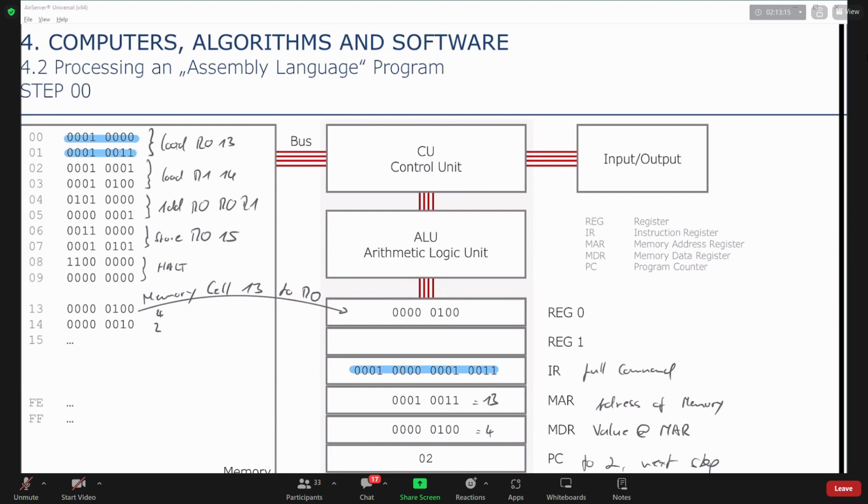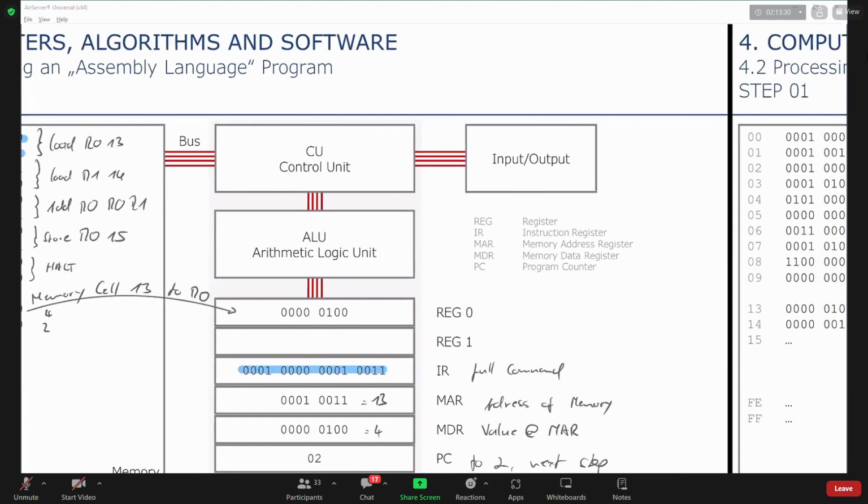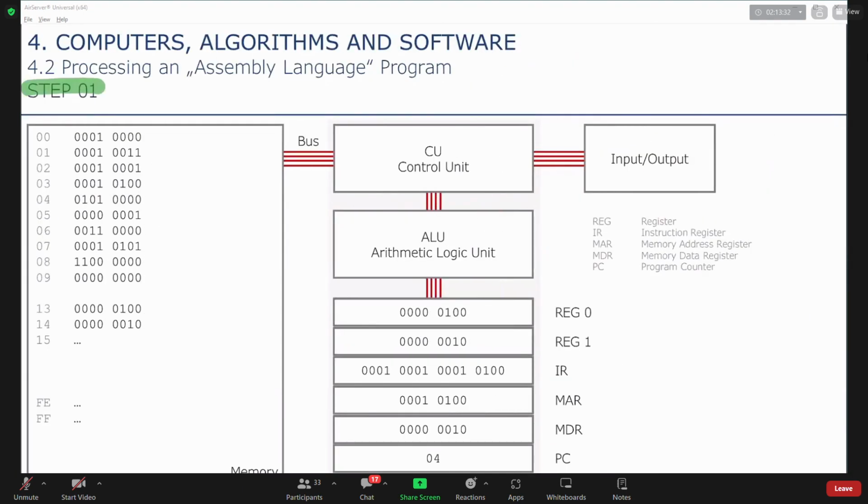Now we are going to the next step. So that was step 0. Now we are going to step 1, which is that one here. And that step was load the value from memory cell 14 into register 1.